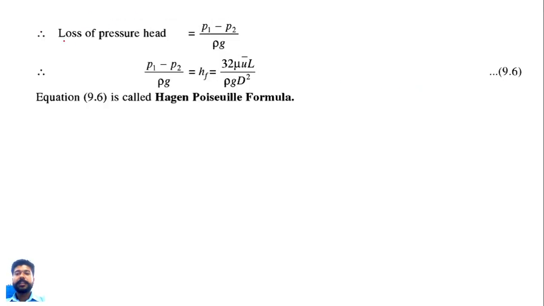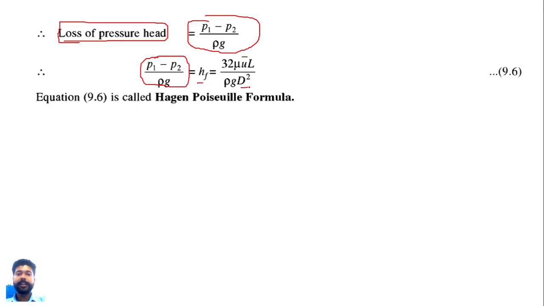But as we know that the pressure head loss, that is P upon rho g or P1 minus P2 upon rho g, this one is our loss of pressure head. So we can write that P1 minus P2 upon rho g equals 32 mu u bar L divided by d square.